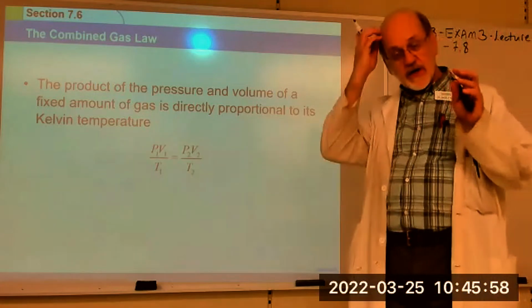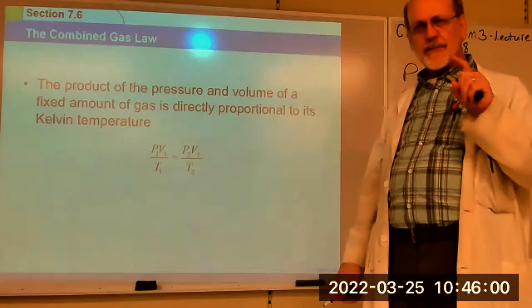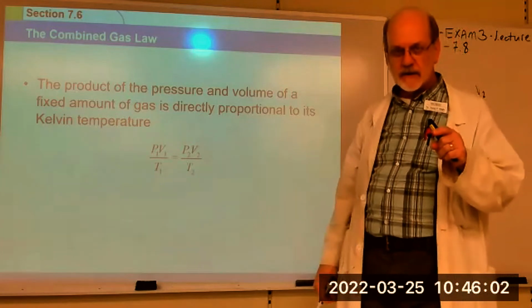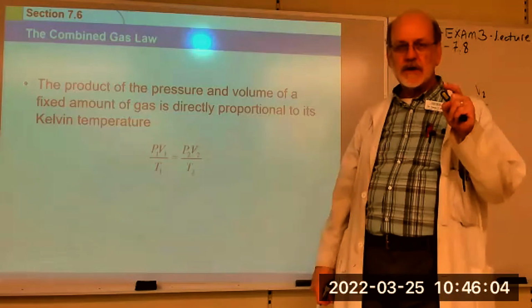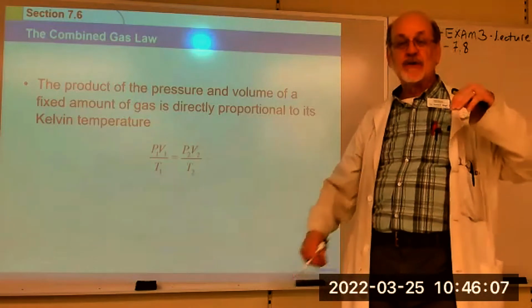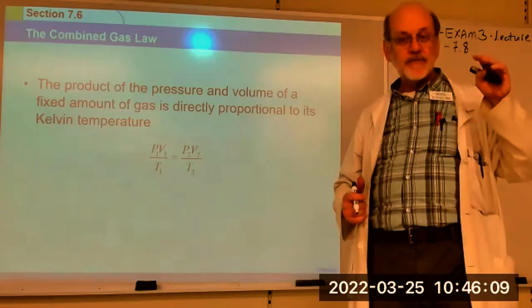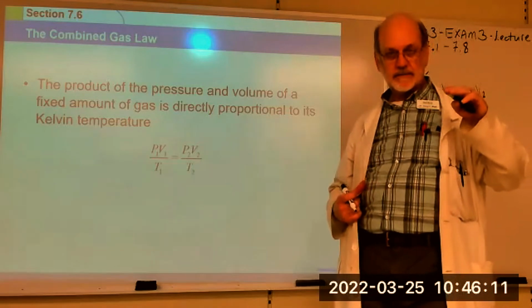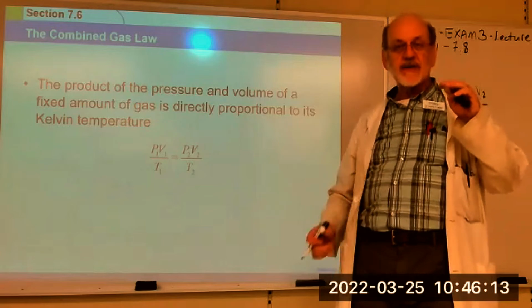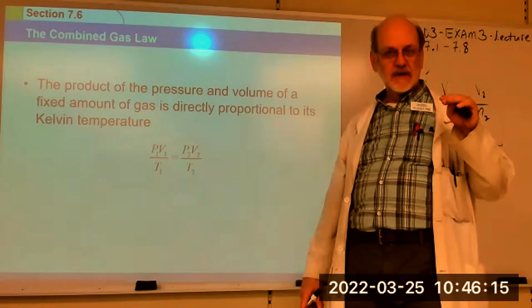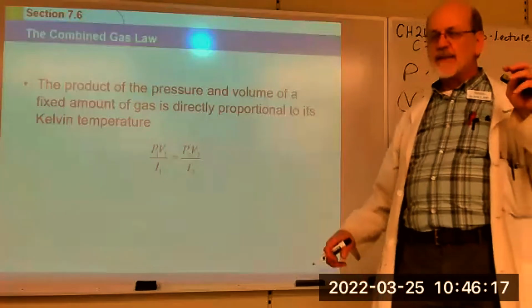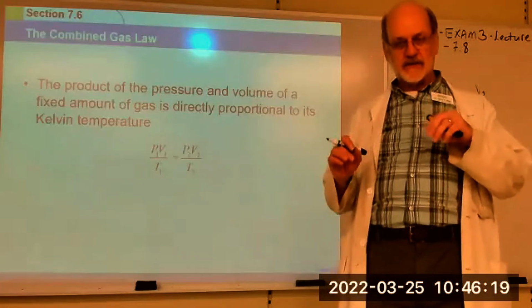And the reason I want you to know that one is it's absolutely crucial to the advancement of chemistry through the middle of the 19th century. The chemists had hit a roadblock. They understood chemical reactions in terms of masses.